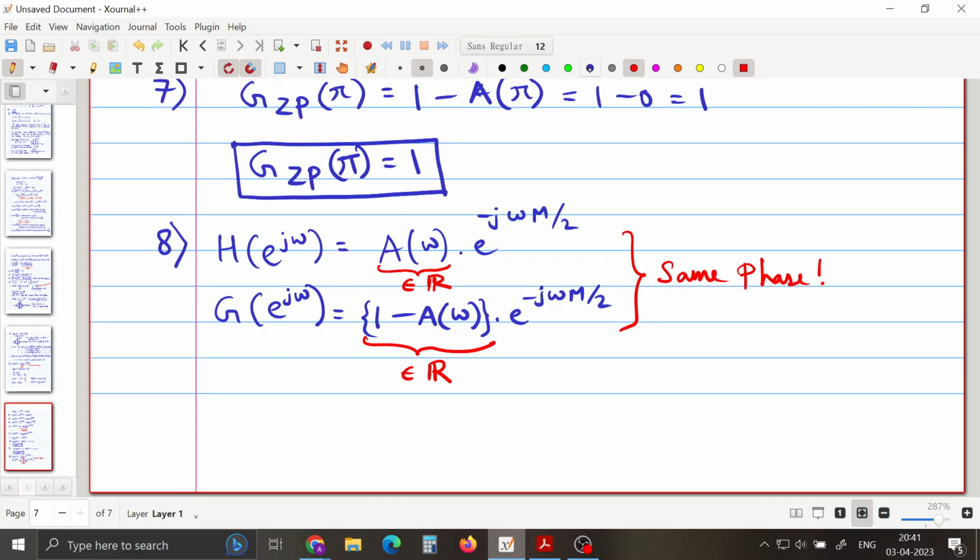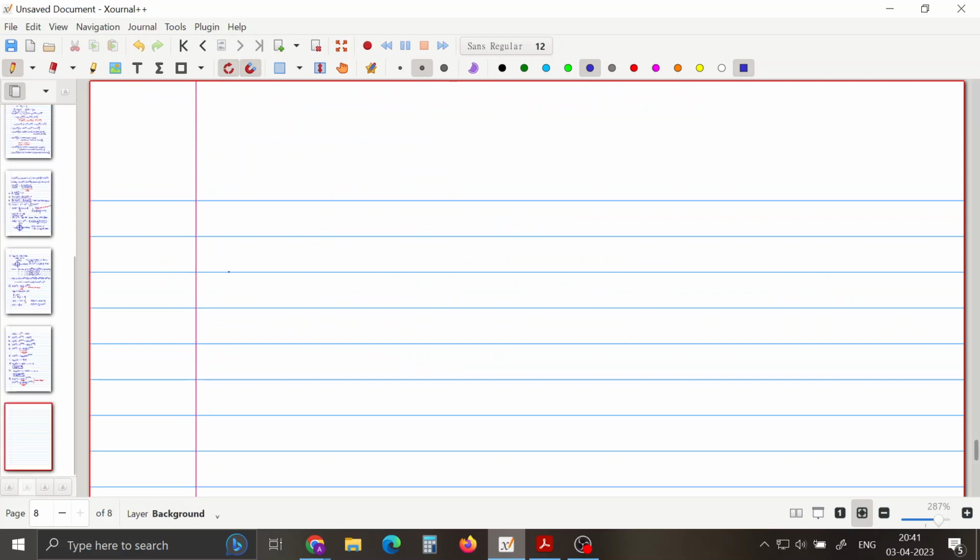That is the observation to be made here. So the phases are equal.